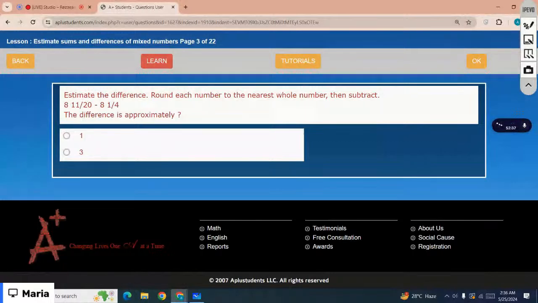So which is the correct option? The correct option is 1. It is right because 9 minus 8 is 1.